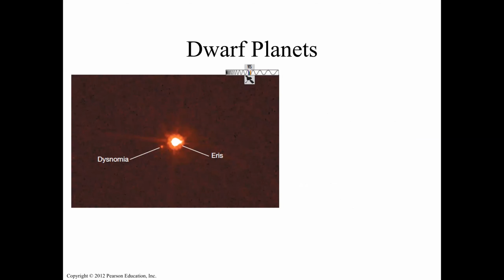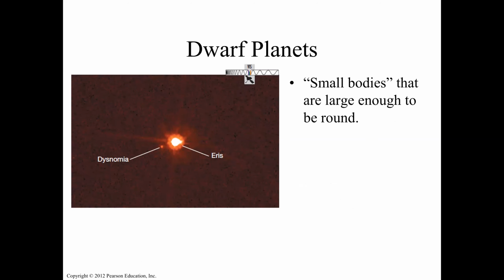Dwarf planets. So dwarf planets are very interesting. In fact, Pluto is one of the dwarf planets. Now, there are small bodies that are large enough to be round. Remember, if an object wants to be round in spherical shape, it has to be large enough so that the gravity will pull the surrounding material and they collapse on one another layer by layer, and then they eventually become a sphere shape.